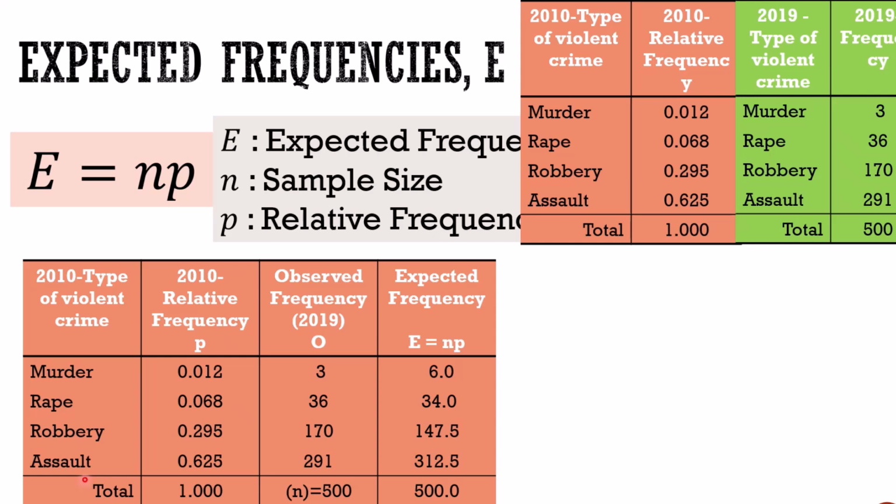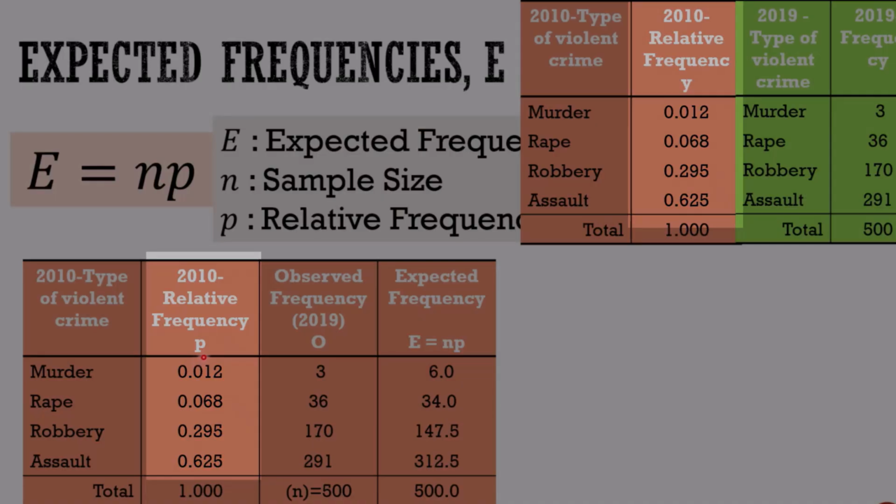And then on the next column, you list all the relative frequency values given for the past data and indicate that with P. So these are also values that will be provided to us. So just copy it from your data table. These are all relative frequency values.